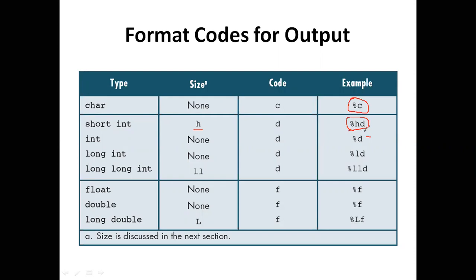Percentage HD. Suppose we want to display an integer, what format specifier do we use? Percentage D. And if we want to display a long integer, we indicate percentage LD. And if we want to display a long long integer, we indicate percentage LLD.